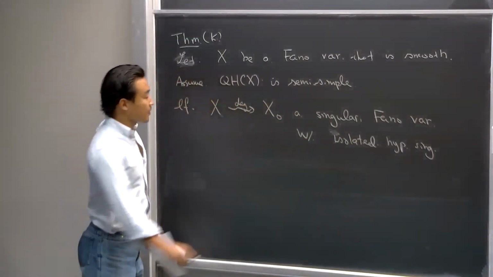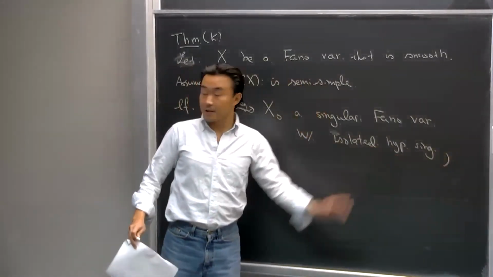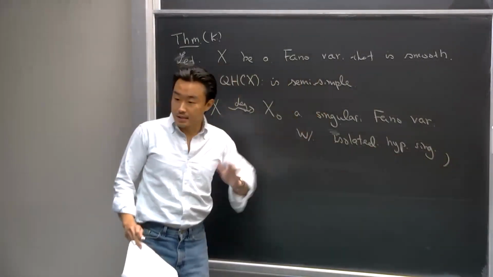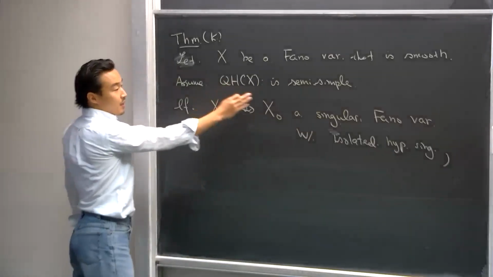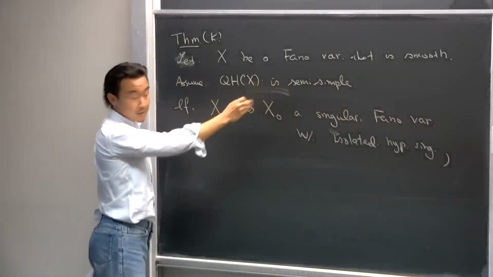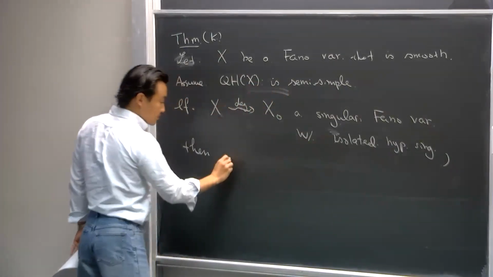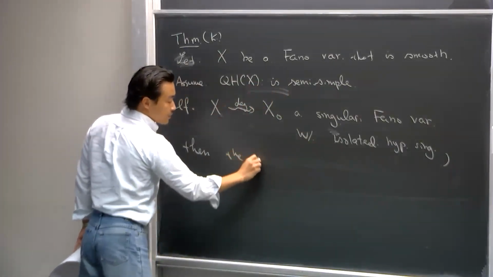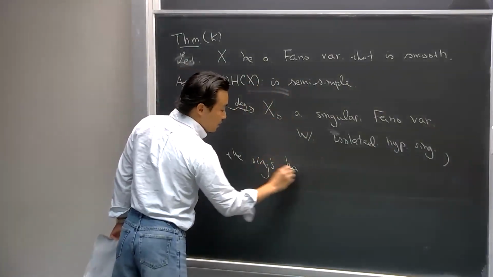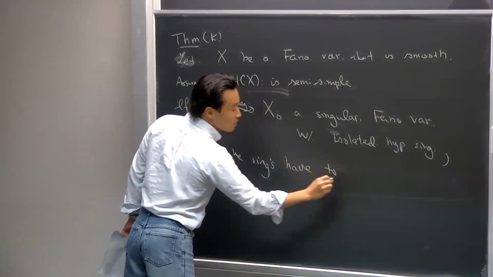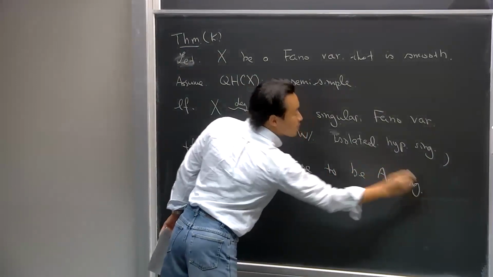So, as I said at the beginning, these isolated hypersurface singularities consist of ADE and T_{pqr} and other things. But the claim is that under this assumption of semi-simplicity, the singularities that appear in the limit have to be the A singularities.